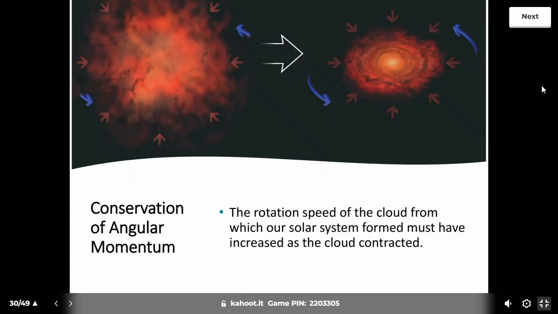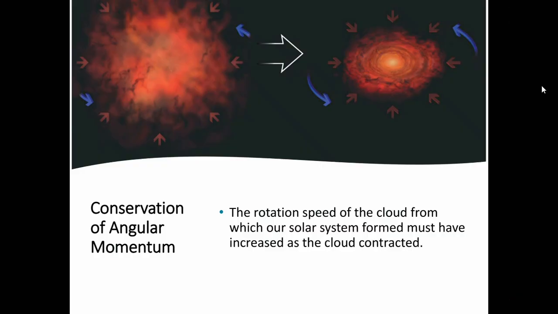So the first physics term that we're going to invoke is conservation of angular momentum. If you have this cloud of gas that starts in some kind of spherical shape, as it starts to collapse, it's going to become an even smaller shape.